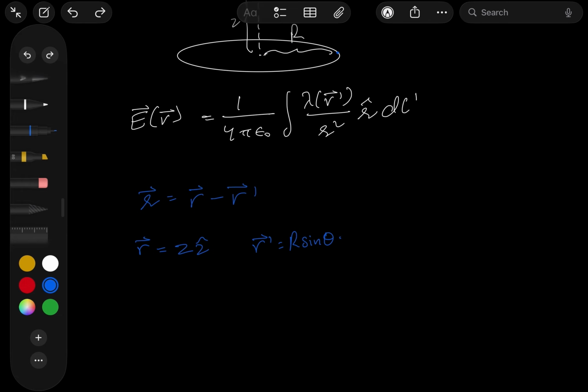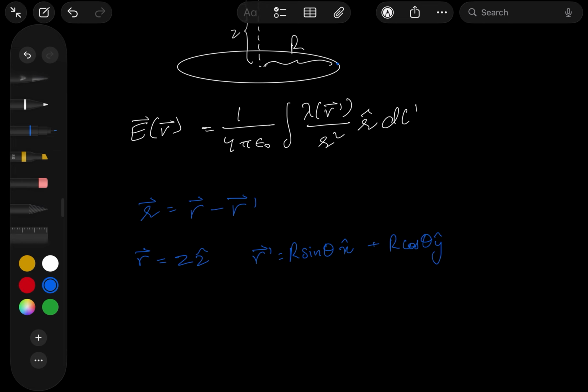I'm going to be using x hat instead of i hat, it's the same thing, plus r cos theta y hat. Now this will give us a circle, of course, and we'll be covering every single point on that circle. So this allows us to express it in terms of r and theta, which is going to be useful when we're integrating.